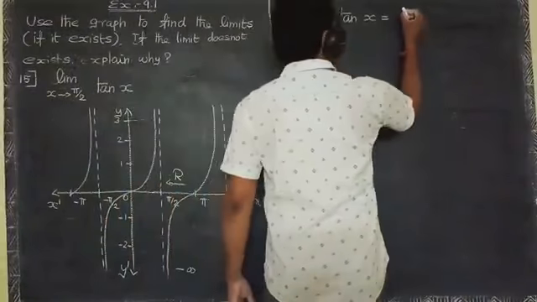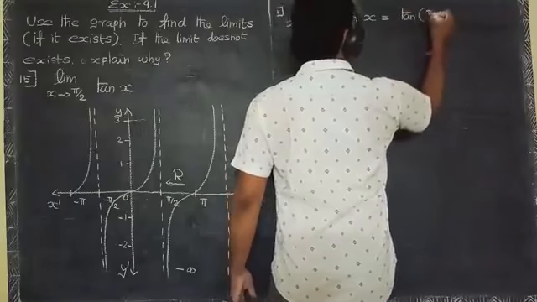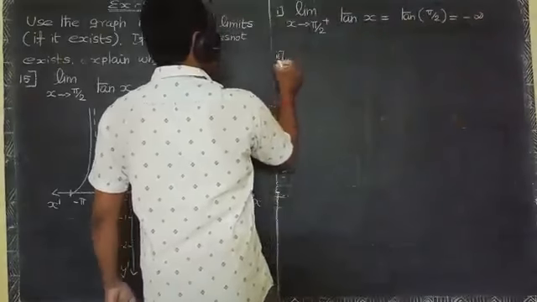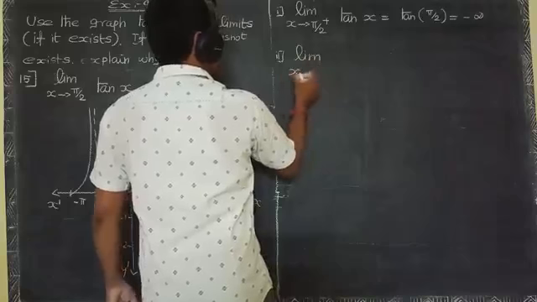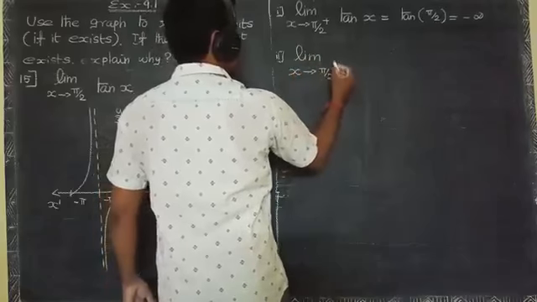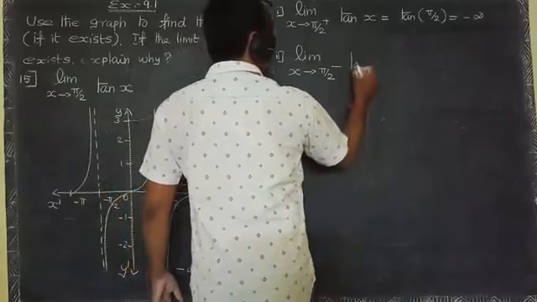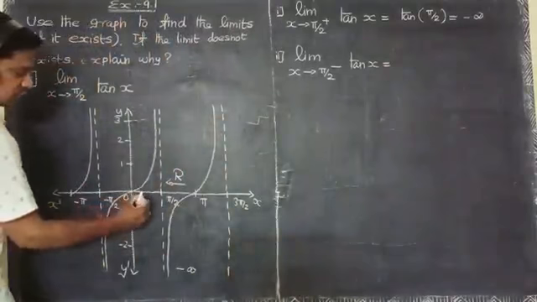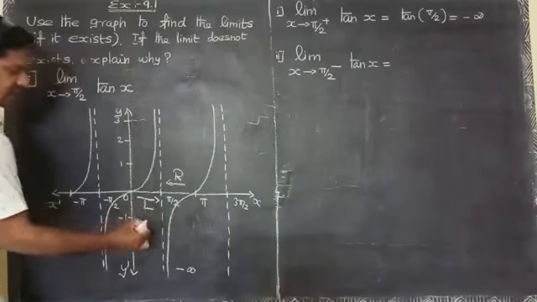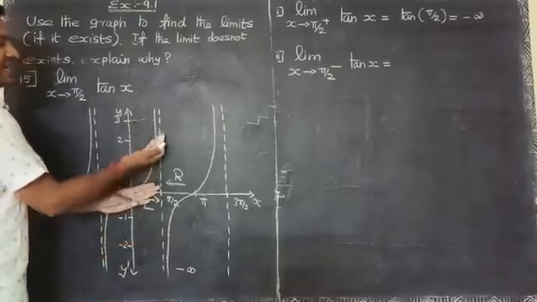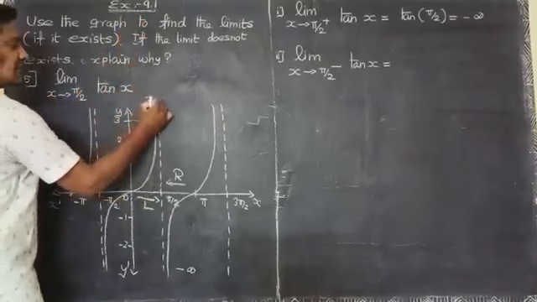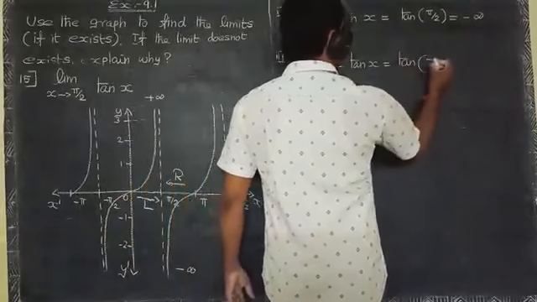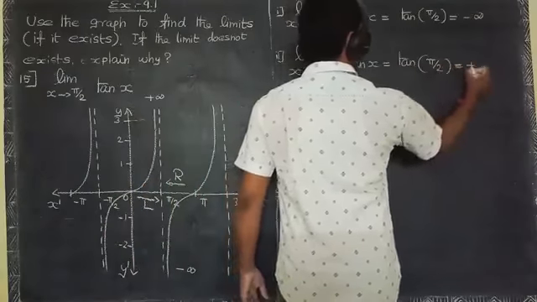That is tan of pi by 2 is equal to minus infinity. The second one, limit as x approaches pi by 2 minus of tan x. X approaches pi by 2 from the left side means the curve goes upward and at a particular stage reaches plus infinity. That is tan of pi by 2 is equal to plus infinity.